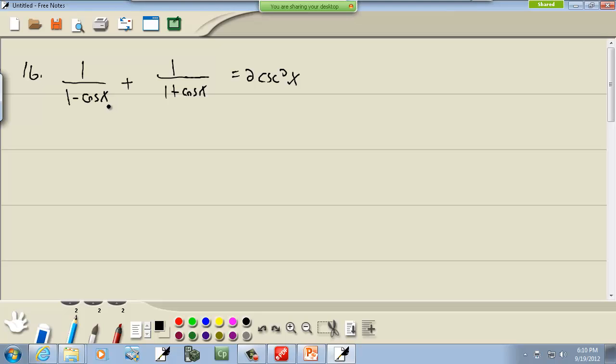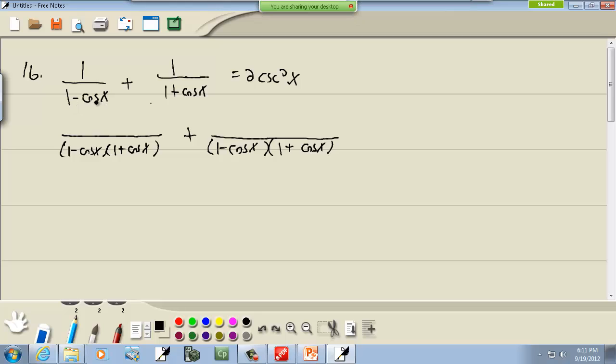Well, I can get a common denominator, merge these two fractions together. That seems a logical place to begin since there isn't a plus over here. Our common denominator would be 1 minus cosine times 1 plus cosine. So 1 minus cosine times 1 plus cosine.